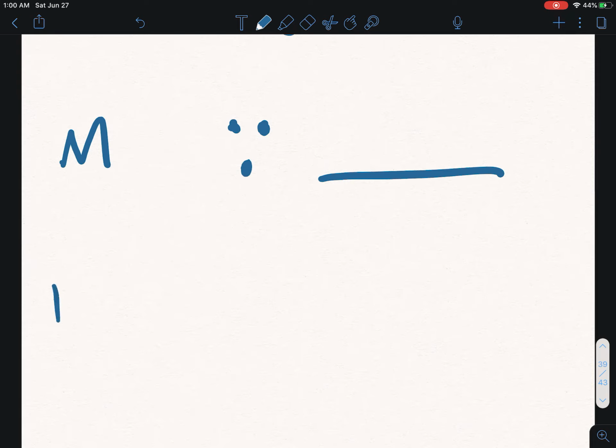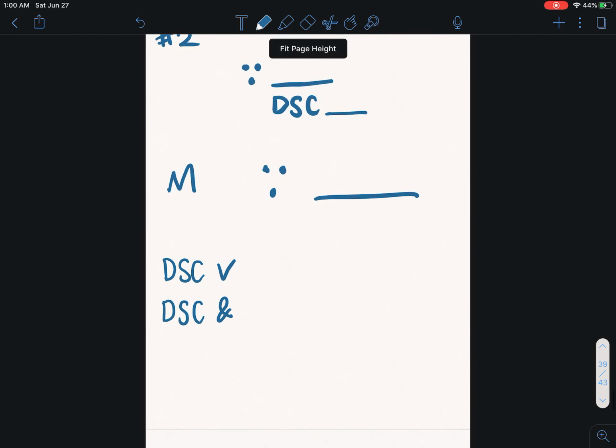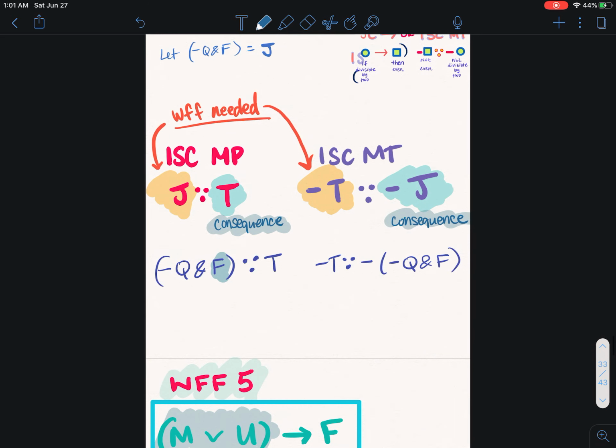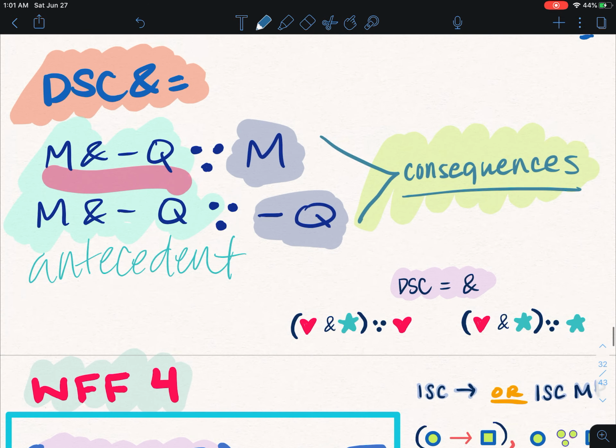I gave the two scenarios. DSC, either or, DSC and. We know that it's not going to be double negation because, for the ones that we looked at, you don't think of any in your head, just look at the ones in front of you.